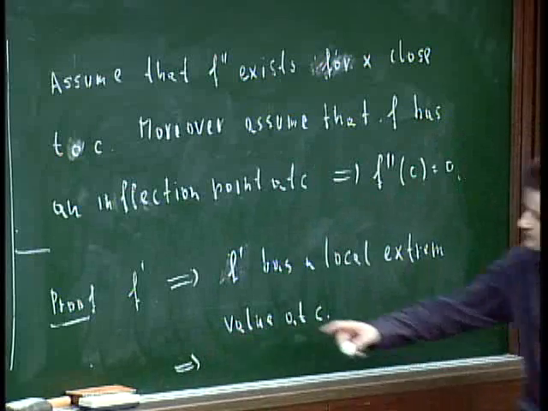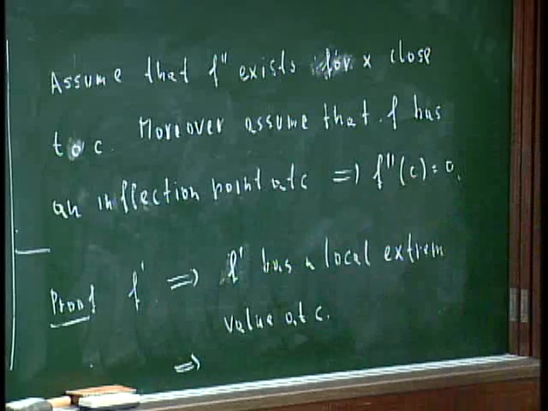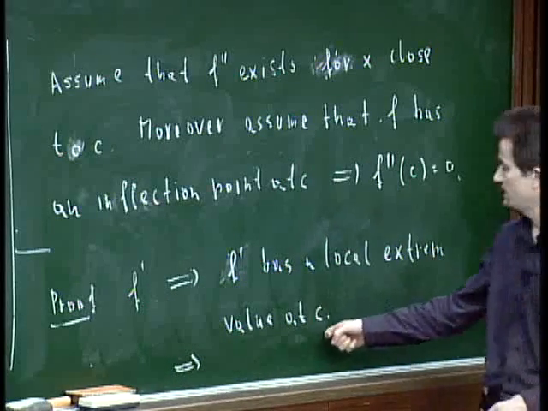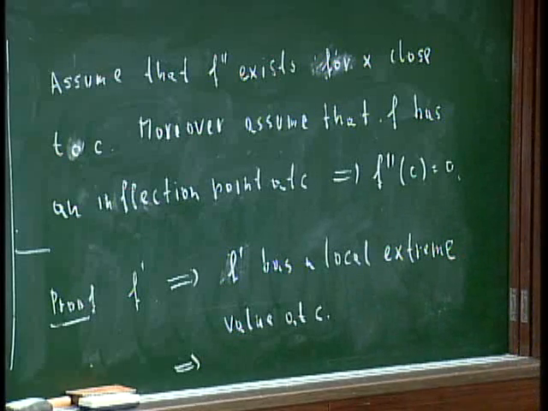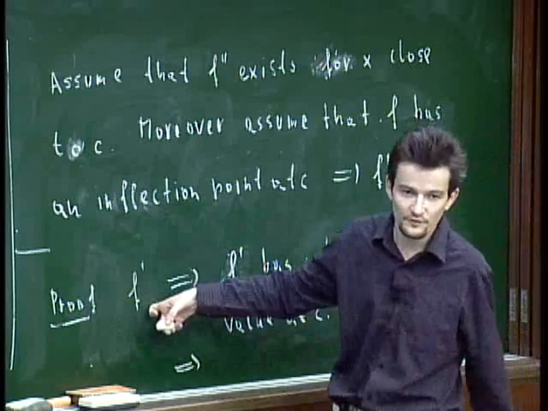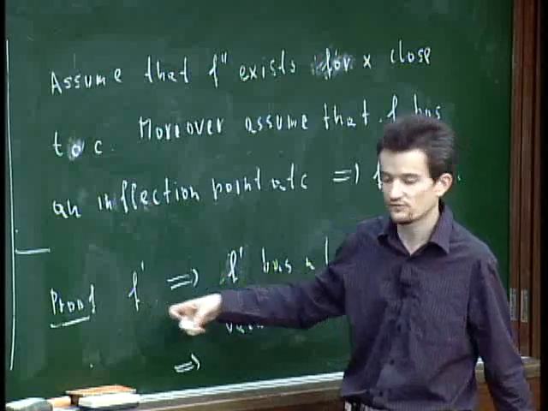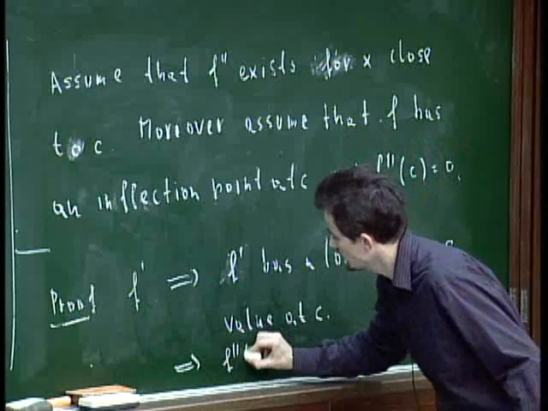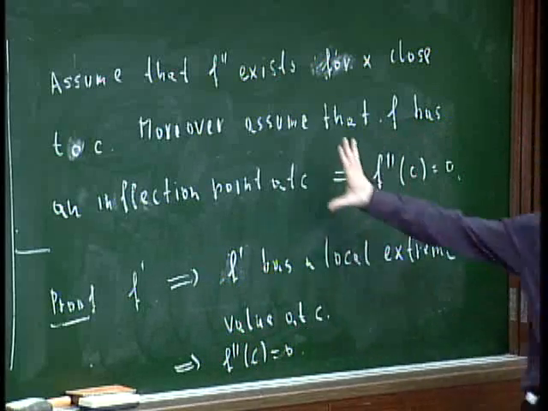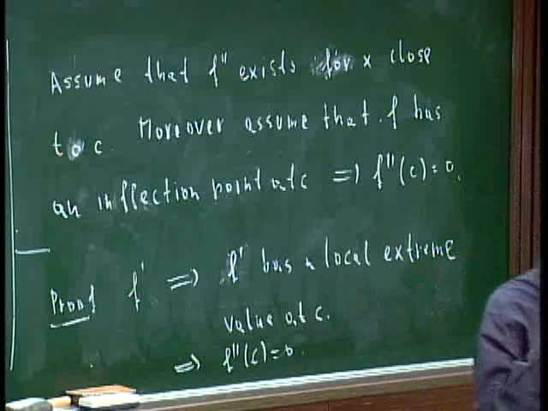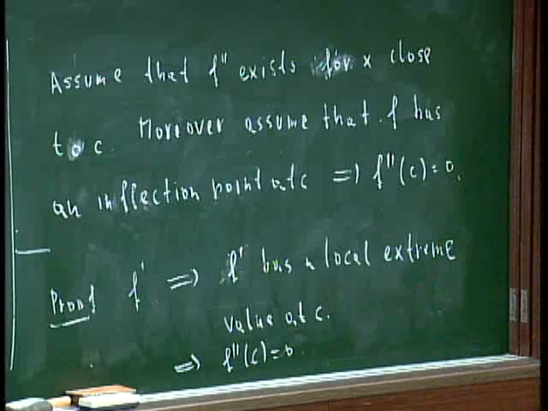So we know that the first derivative has a local extreme value at c, and we know that the derivative of the first derivative exists at c. So the derivative at c must be equal to 0. You see that this result follows from the first derivative test and from Fermat's theorem, by carefully applying both.